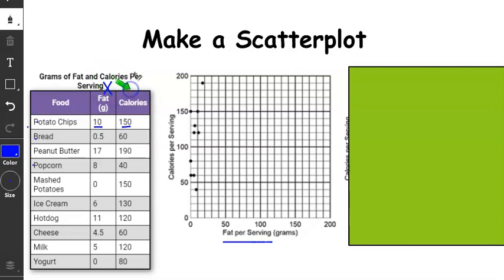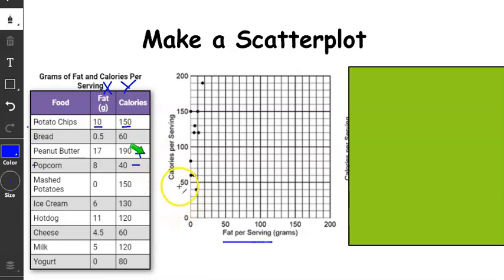What they did was look at the calories per serving, and the lowest, if you can see, is 40. So that's your lowest. And then your most is 190 for the peanut butter. So your graph is between the numbers of 40 and 190.